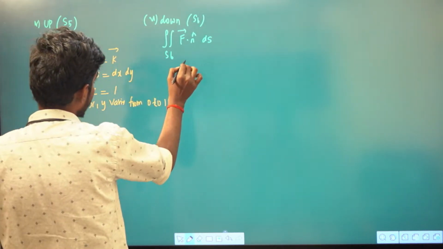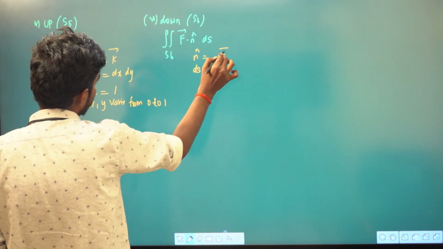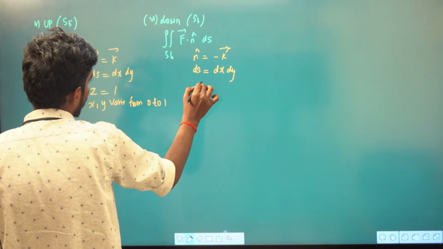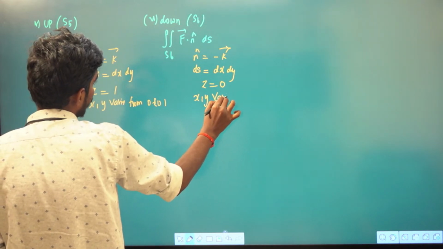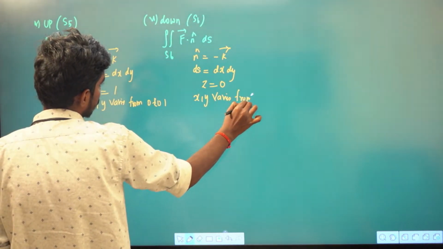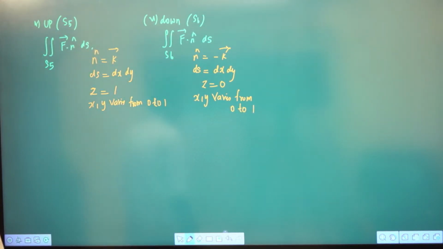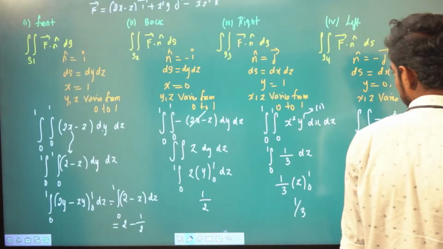And here also your n cap will be minus k vector and your dS is dx dy and your z will be 0. X and y vary from 0 to 1, both vary from 0 to 1. See, already explained, right? Why all this?